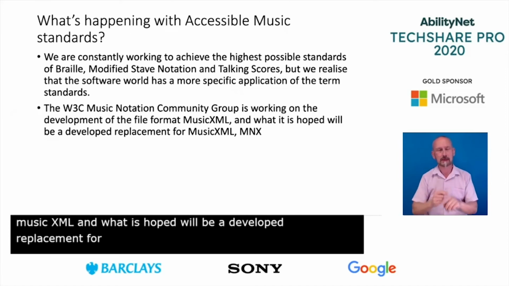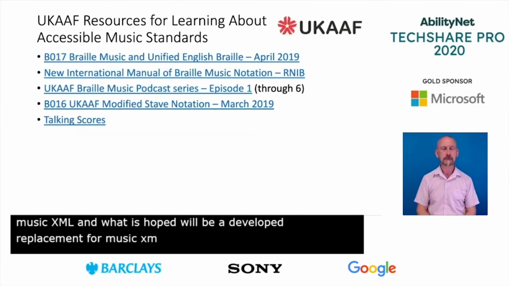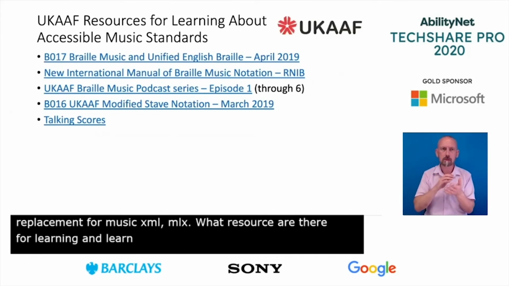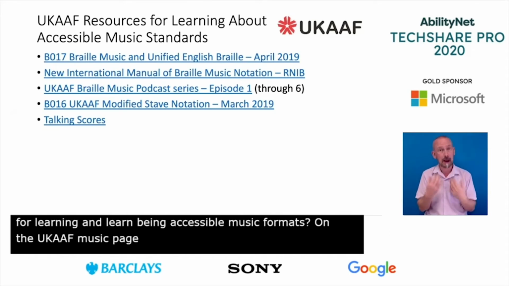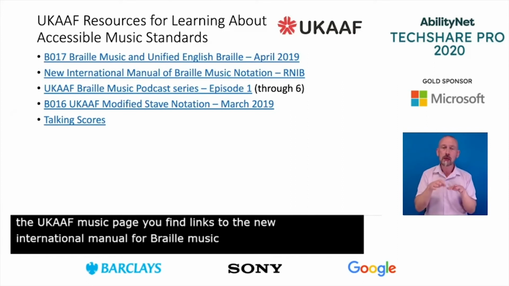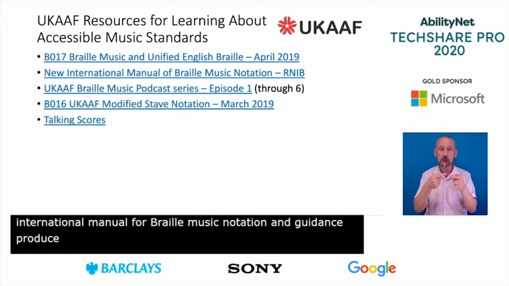What resources are there for learning and learning about accessible music formats? On the UCAF music page, you will find links to the new International Manual for Braille Music Notation, as well as guidance produced by the UCAF music subject area on producing Braille music scores.